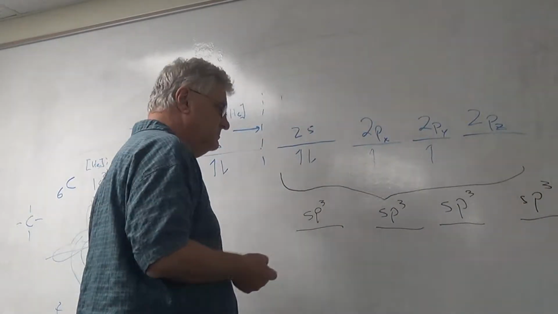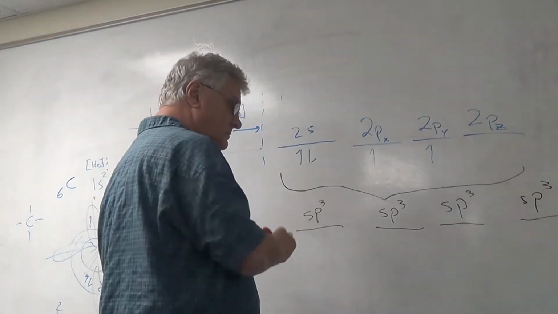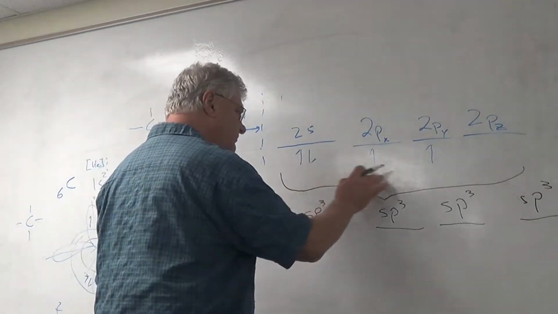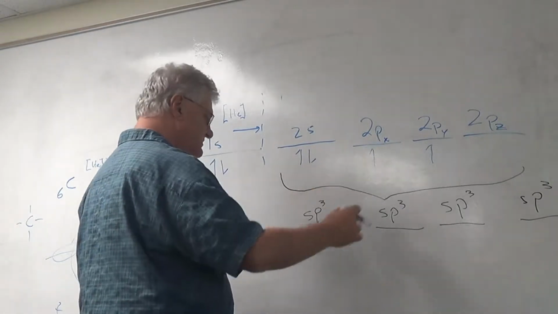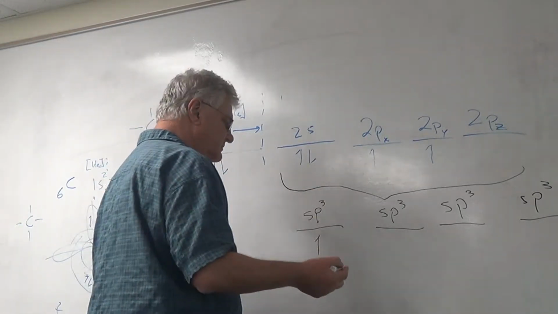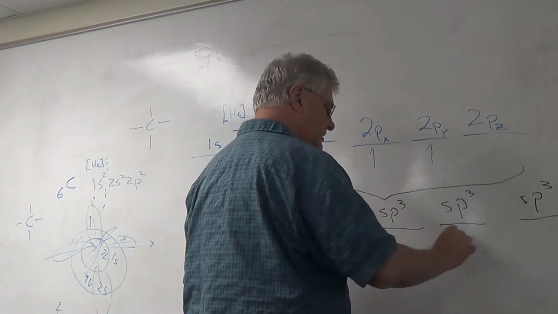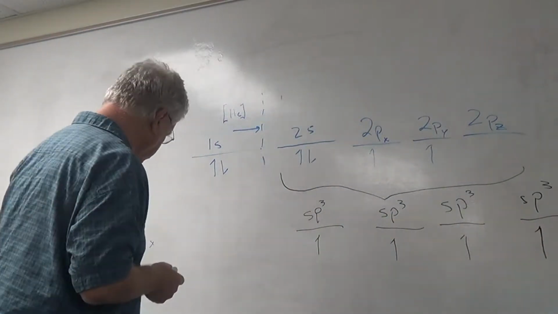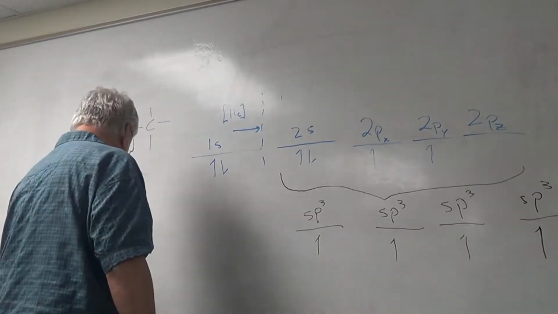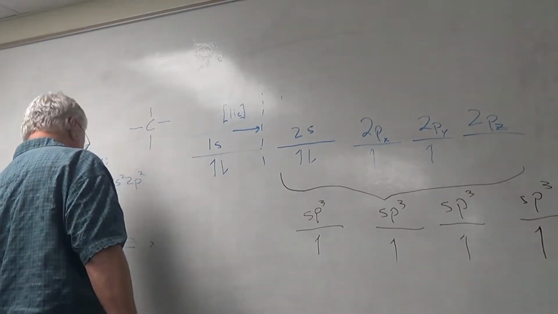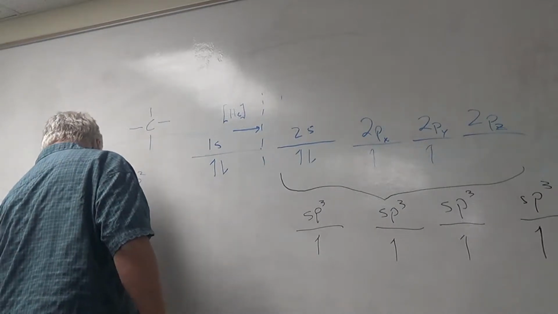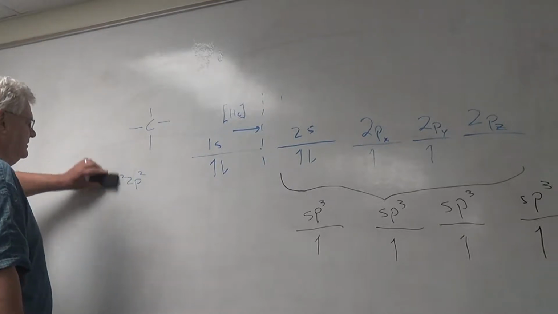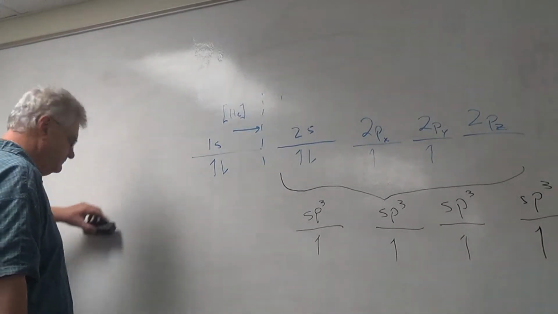They're thought of as being a hybrid of the s orbital and the 3 p orbitals. And there's a total of 4 electrons here. Since they all have the same energy, there's 1 electron in each of these sp3 orbitals after they hybridize. And they hybridize when carbon forms 4 single bonds. Okay? That's the scenario we looked at last time, and we're reviewing it.